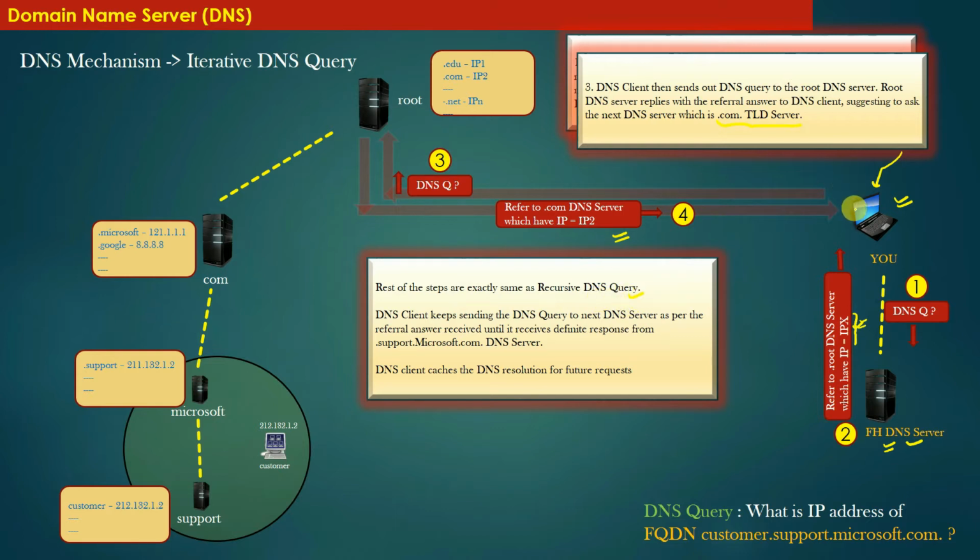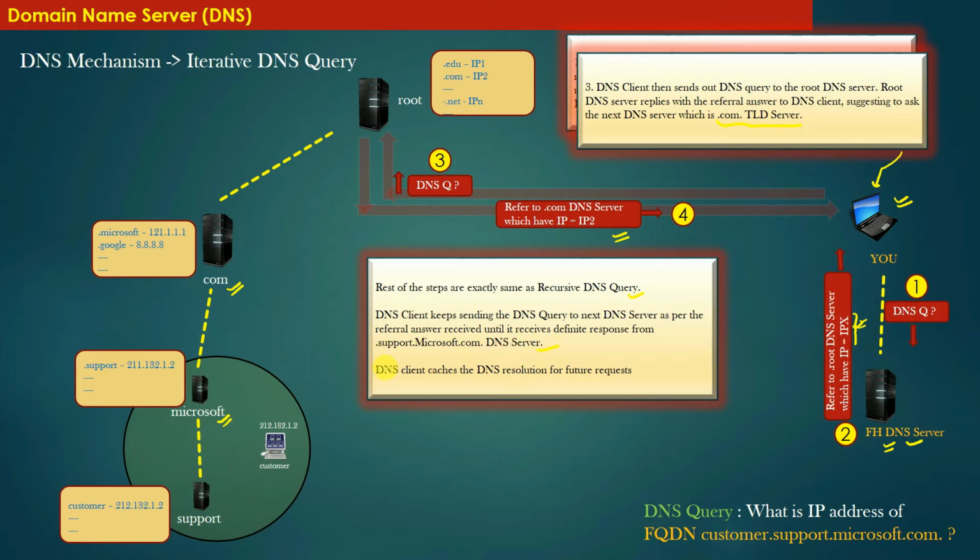Your host machine will now send the DNS query to the .com top level domain name server. The top level .com domain name server will again reply with the referral answer to your local host machine, and in that referral answer it will specify the IP address of the next domain name server, which will be Microsoft DNS. So the DNS client keeps on sending the DNS query to the next DNS server as per the referral answer received until it receives the definite response from the .support.microsoft.com DNS server.